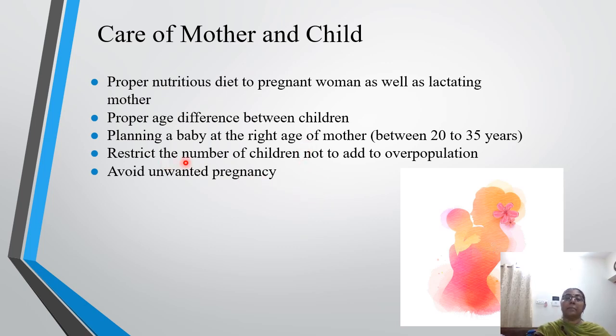Also, proper planning for the right age of a mother, between 20 to 35 years, to get a healthy mother. And we need to restrict the number of children, so as not to add to overpopulation, and avoid unwanted pregnancies.